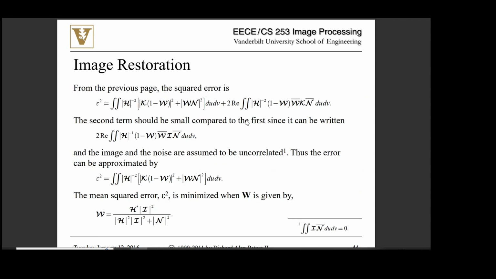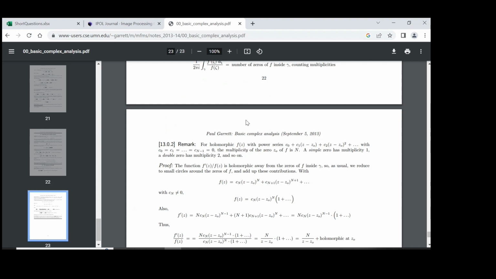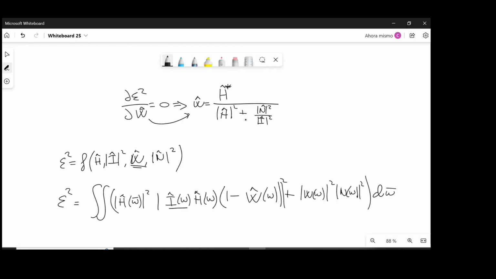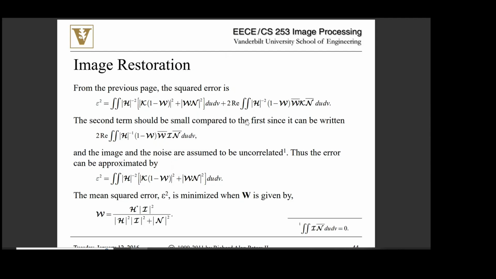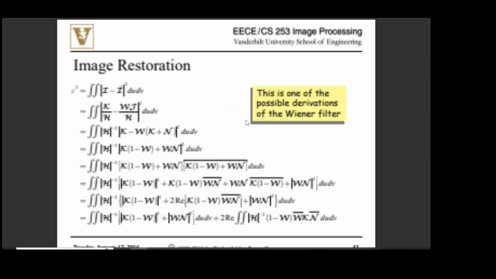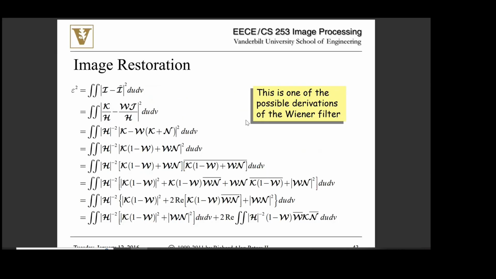So to construct my filter, I don't need to know the ideal, because if you look at our goal, what is our goal? Our goal is I want to minimize the distance between my estimate of the ideal and the ideal. I don't know the ideal, how can I do that?